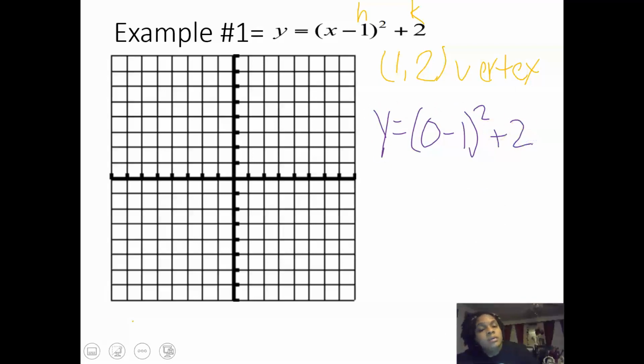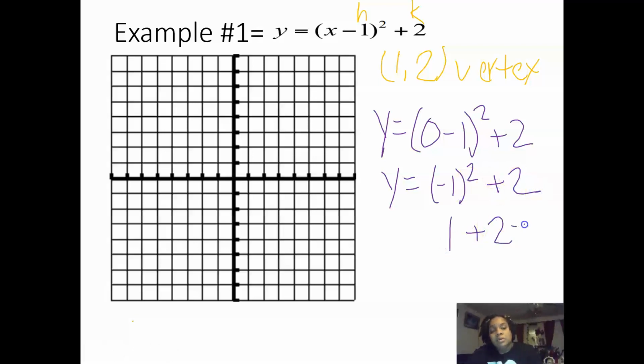So when you plug 0 in for x, you solve it out. Y equals 0 minus 1 is negative 1 squared plus 2. Okay? Negative 1 squared is 1 plus 2, and y is 3. When x is 0, y is 3, and that's the other ordered pair.